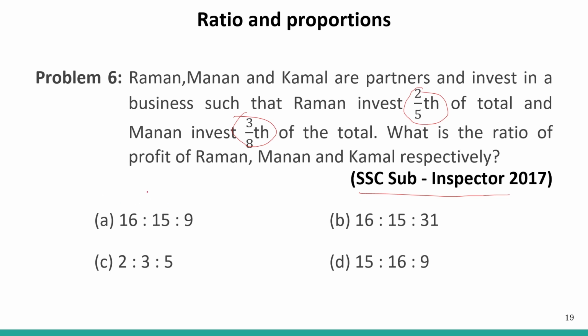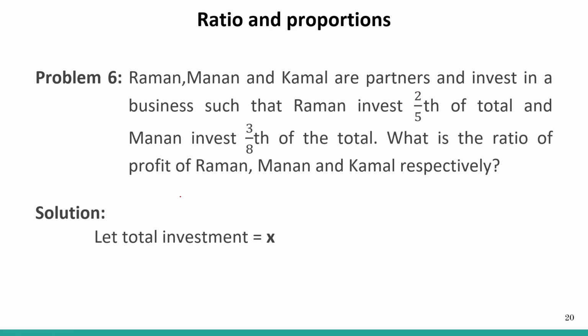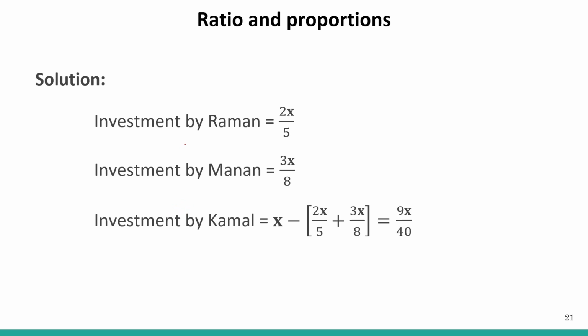So let's figure it out using mathematical equations. Let's see the step-by-step solution. Let the total investment be x. So investment by Raman is 2x by 5, investment by Manan is 3x by 8, and investment by Kamal is x minus (2x by 5 plus 3x by 8), that is actually equal to 9x by 40.